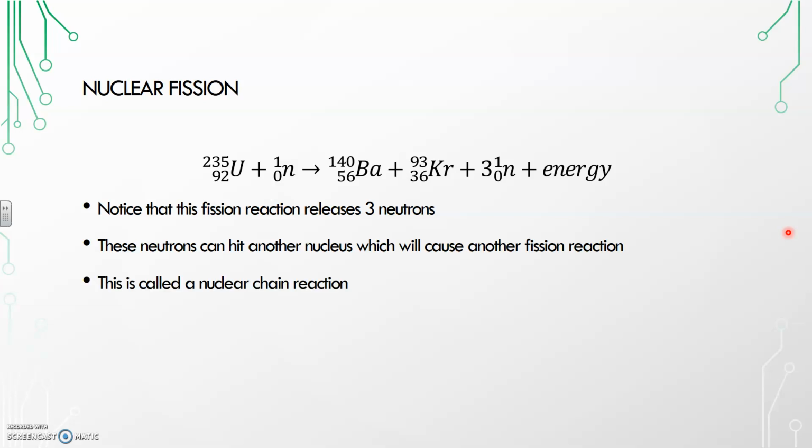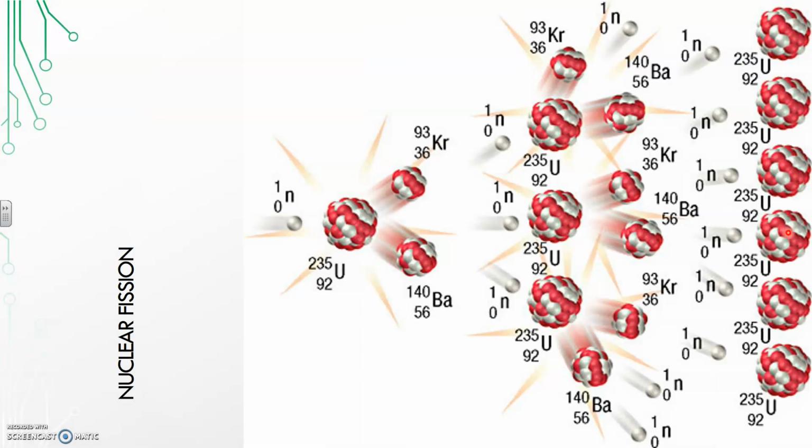So these are called nuclear chain reactions. It's a chain reaction because you kick it off with one neutron and then it just continuously builds from there. So this is an example of that. You hit your first uranium-235 atom with a single neutron. But that's going to release 3 more, which can then go on to hit 3 additional atoms of uranium-235, which will each produce at least 3 more.